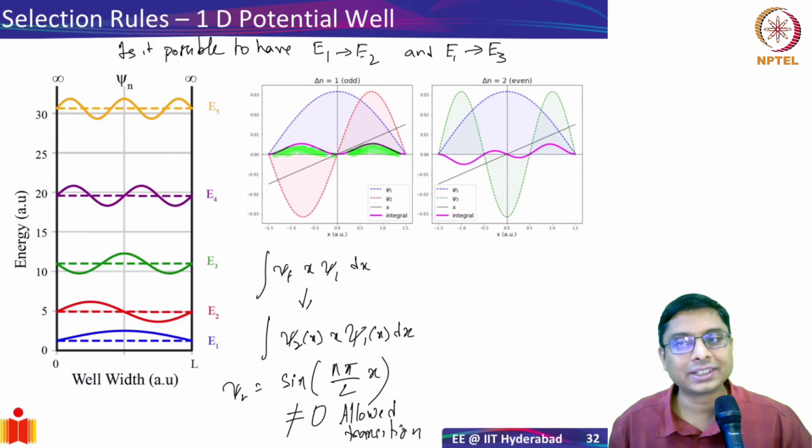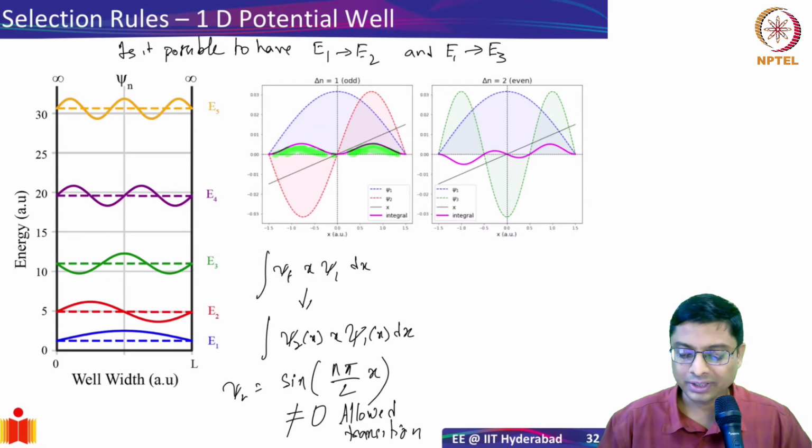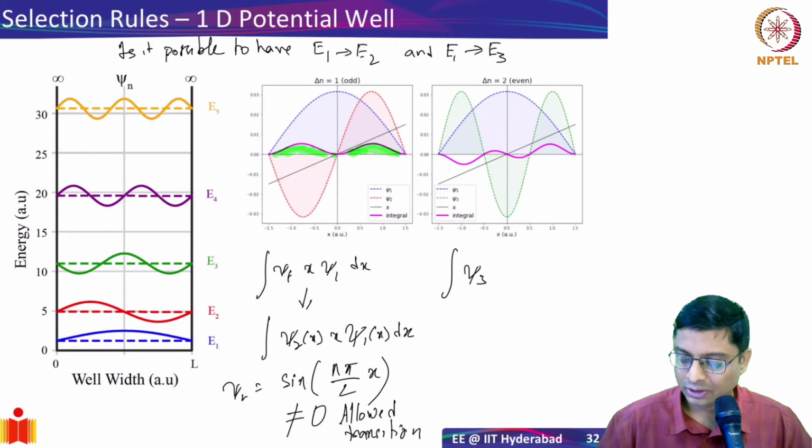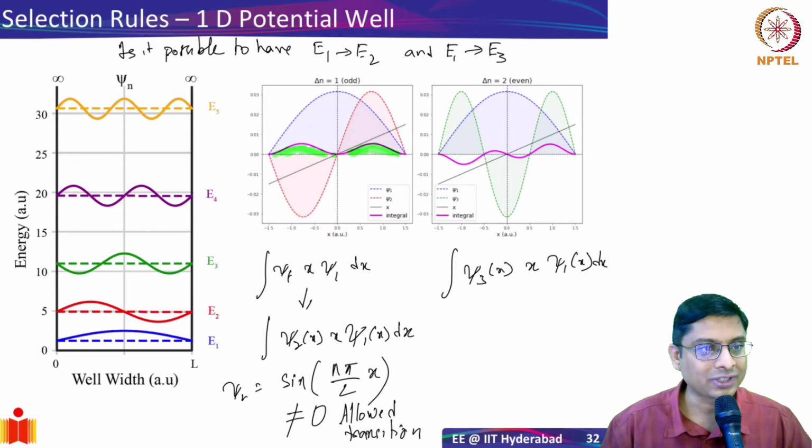But let us consider the second case where I go from level 1 to level 3. Then my integral is psi 3 of x, x, psi 1 of x dx. I have my initial wave function, which is still the blue, but now the green is the wave function for the third state. You have this sort of dependence, and then you have this odd function which is x.